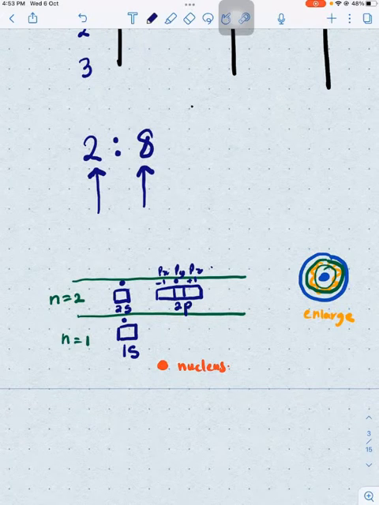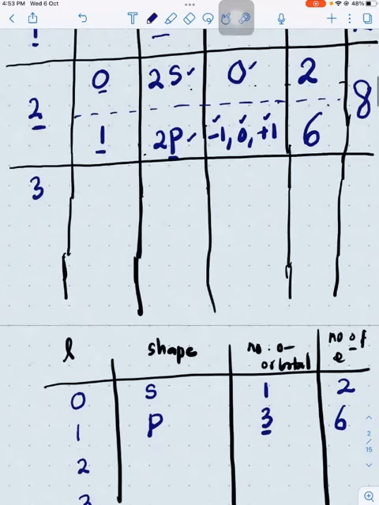So bila kita pergi ke level 3, of course you will see more room of orbital. Kalau N kita 3 dan L kita sepatutnya berapa? 0, 1, 2. Okey, yang lain faham?